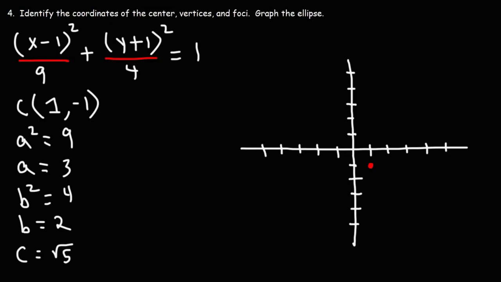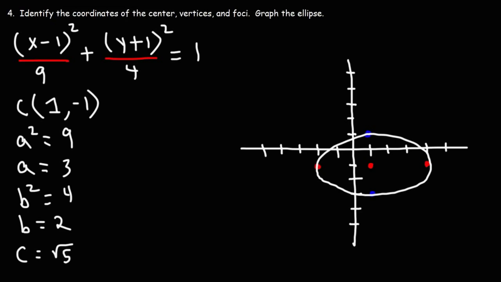So we're going to travel 3 units to the right and 3 units to the left. B is 2, and b squared is under y squared, so we're going to go up 2, parallel to the y-axis, and then down 2. So that's how we can graph the ellipse in this problem.